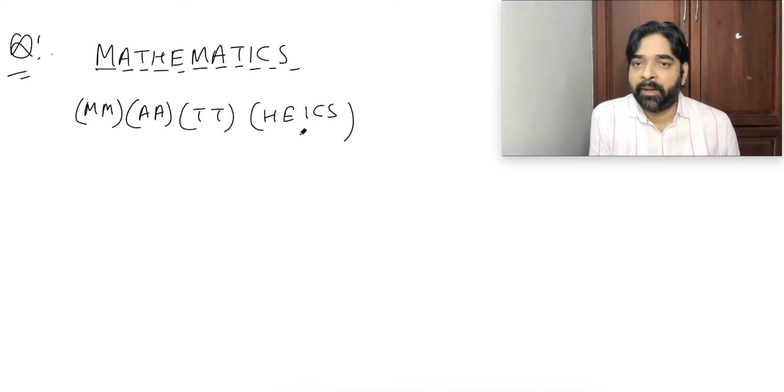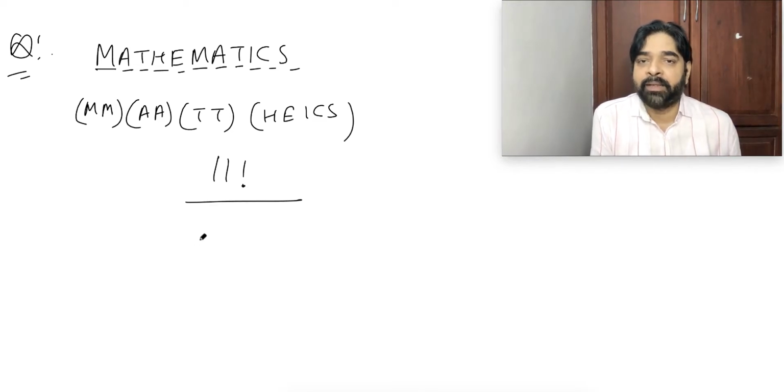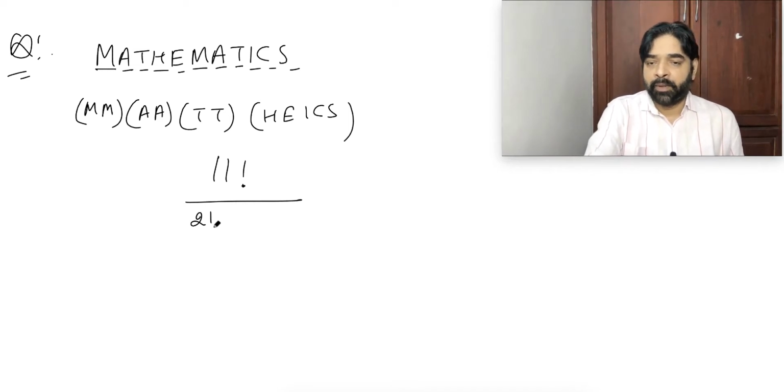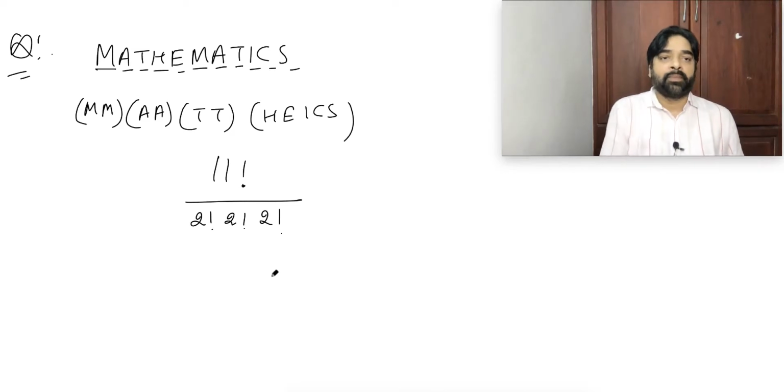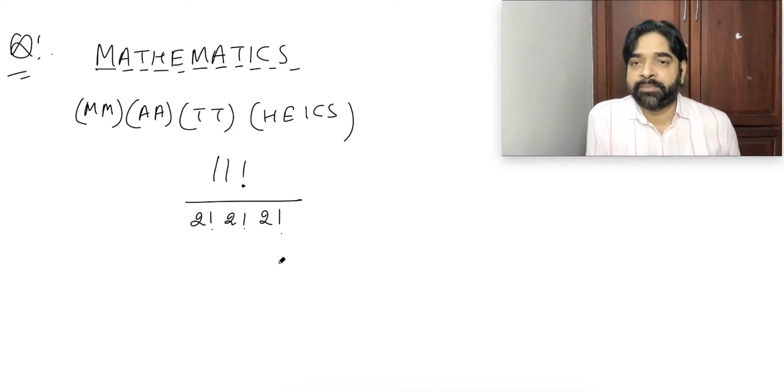Am I right? 11 factorial, divided by 2 factorial into 2 factorial into 2 factorial. This will be the answer. I'm sure all of you got it.